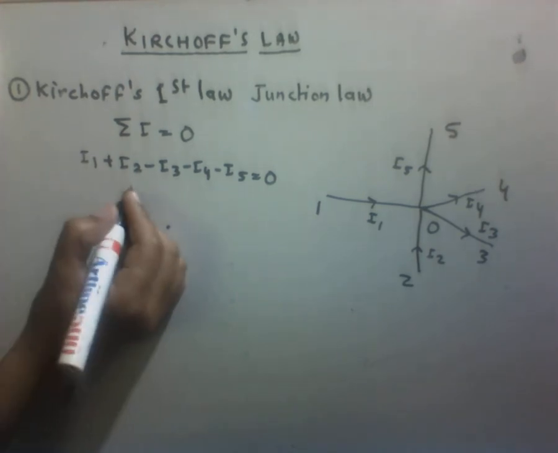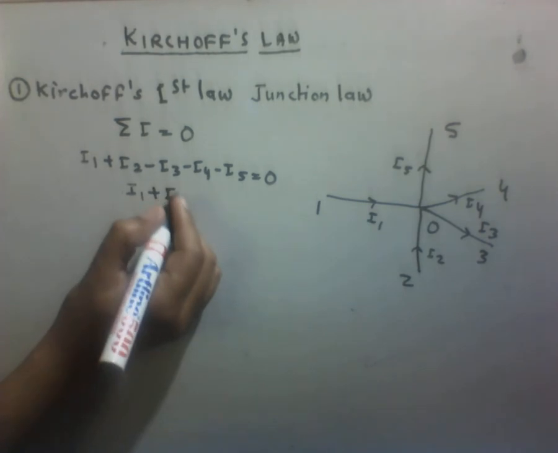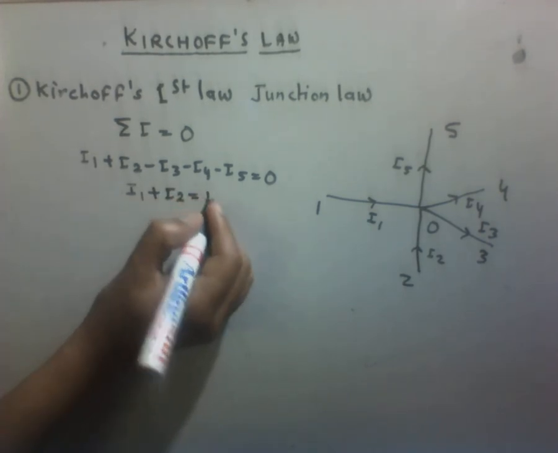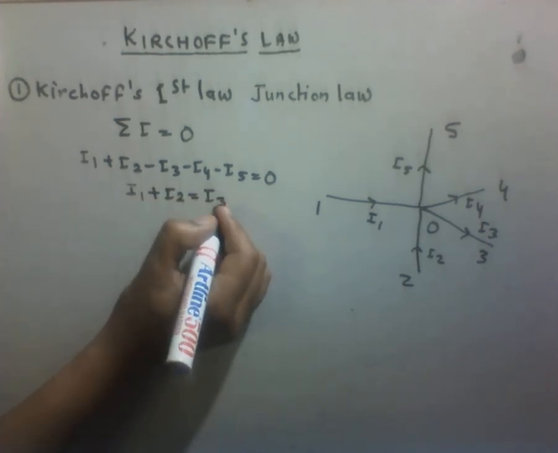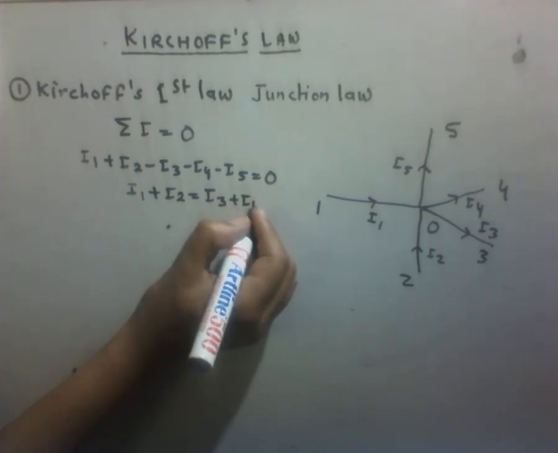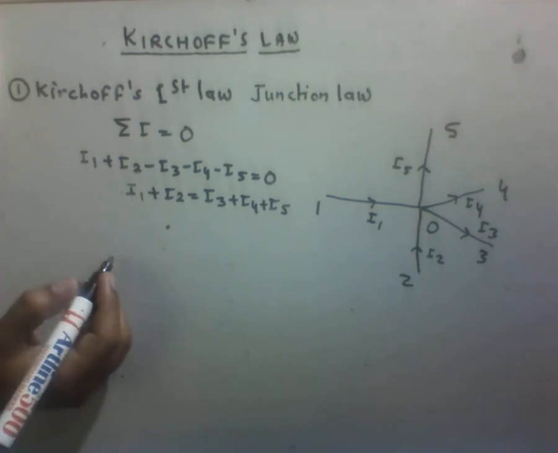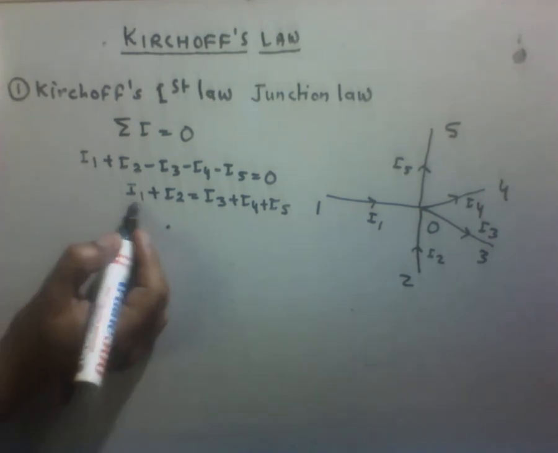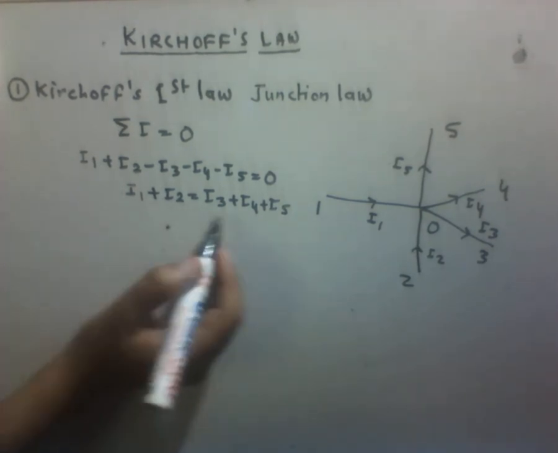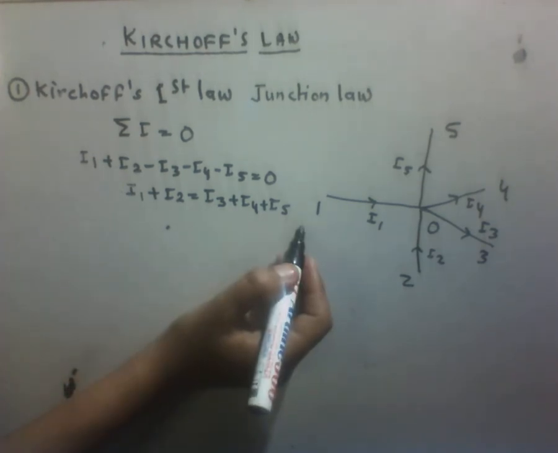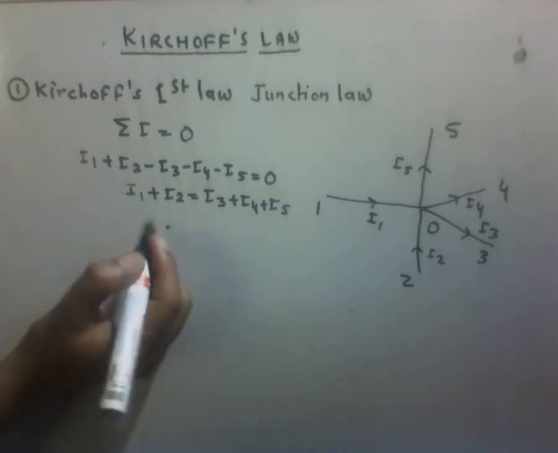or I1 plus I2 is equal to I3 plus I4 plus I5. These are the incoming currents and I3, I4 and I5 are the outgoing currents.